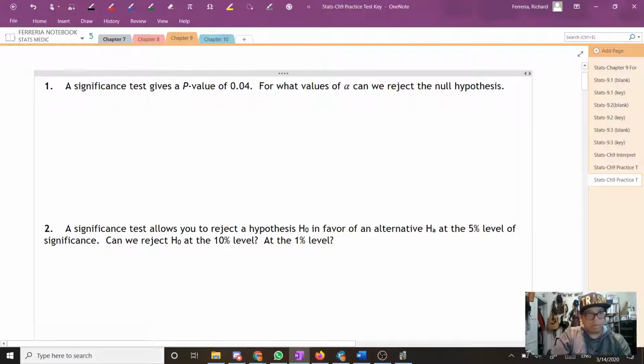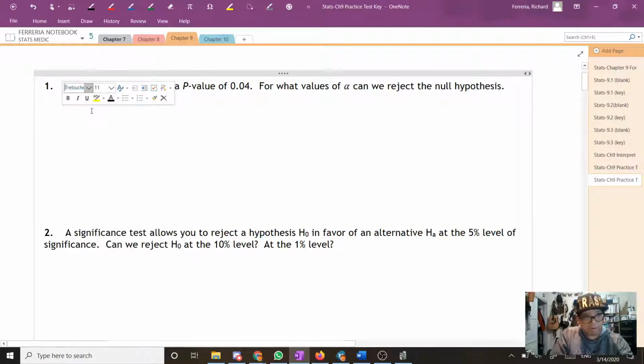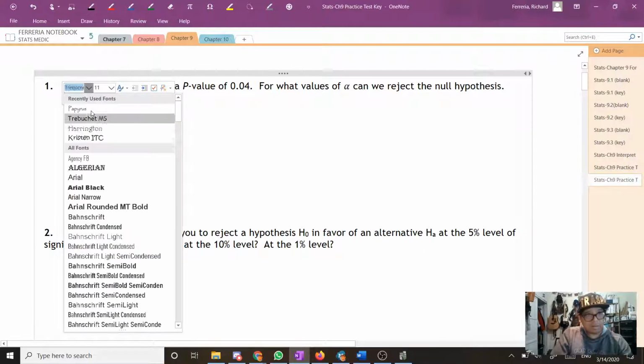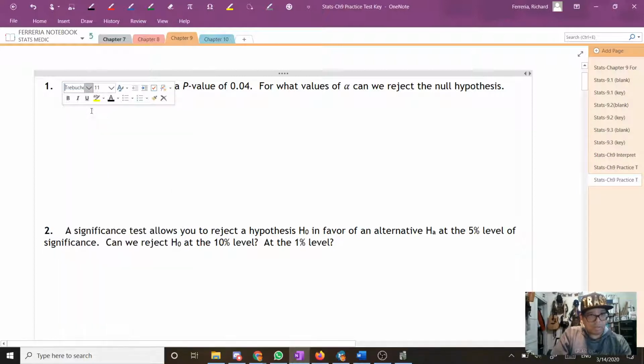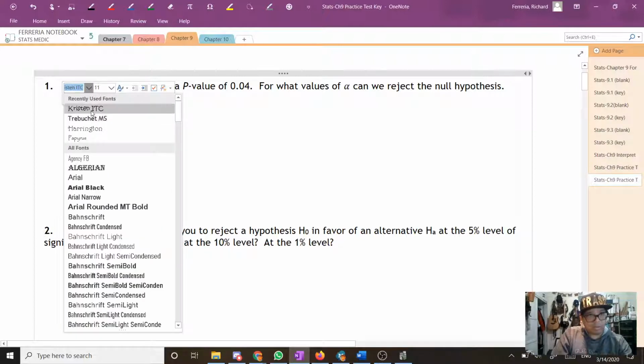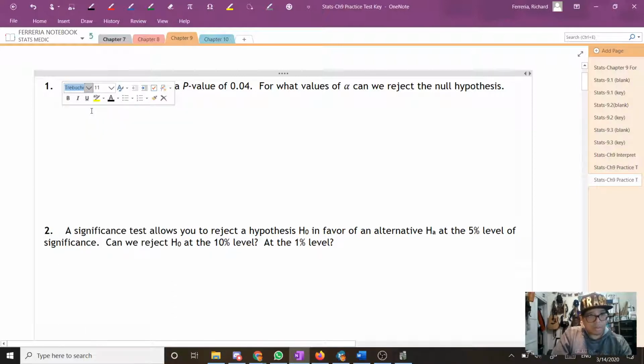No, you're not Papyrus. That's not good. We're going to spend half of the video trying to get Papyrus font. Will we just have to use Chris? No. There's no font that it wants to use other than Trebuchet. Huh, interesting. Okay, enough time of that.